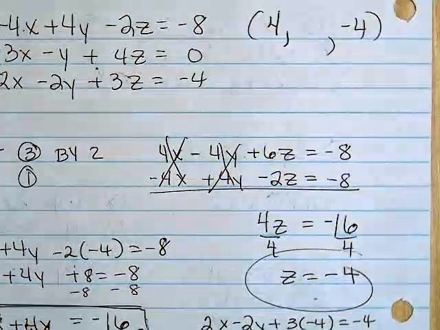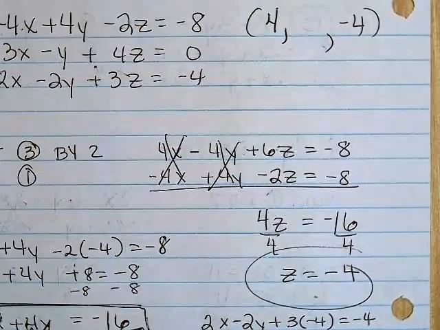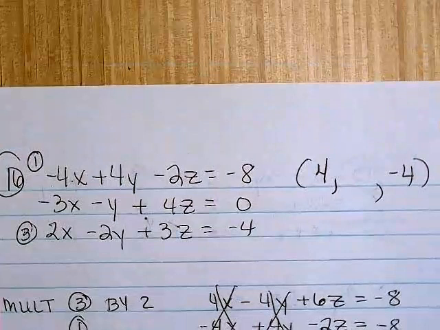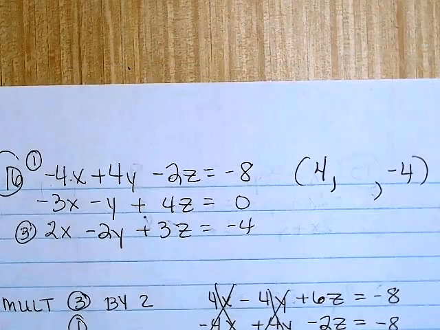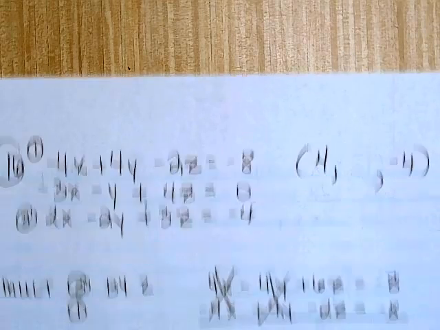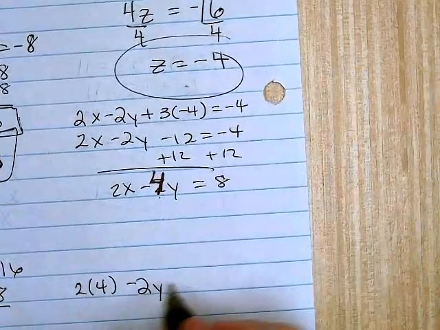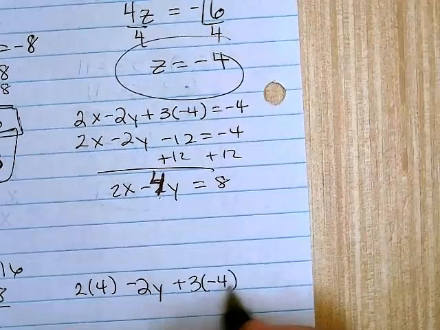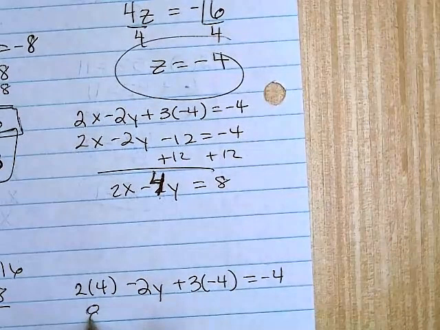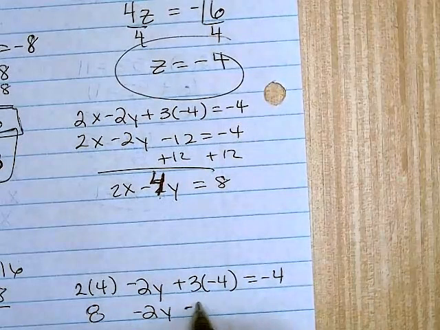Now that you know x and z, which equation do you want to use to find y? Third one. 2 times 4 minus 2y plus 3 times negative 4 is negative 4. 8 minus 2y minus 12 is negative 4.